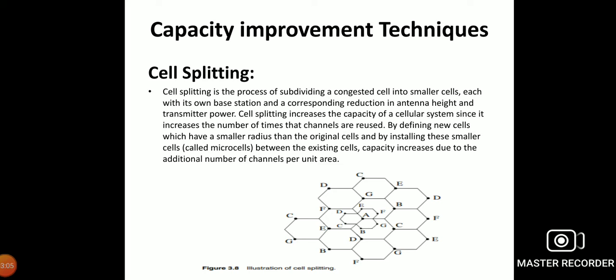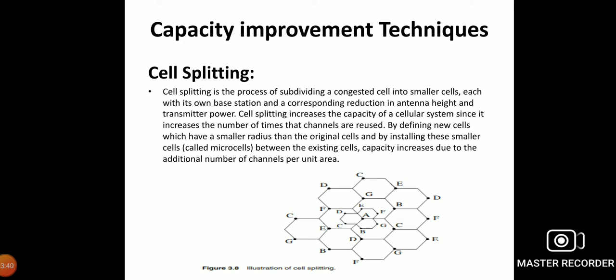Also, the channels in the old cells have to be broken into two groups. Number one, if a large transmit power is used for all the available cells, then some of the channels used by smaller cells may not be completely separated from co-channel cells. This may lead to interference. In case a smaller transmit power is used for the available cells, then there is a chance of unresolved problems.